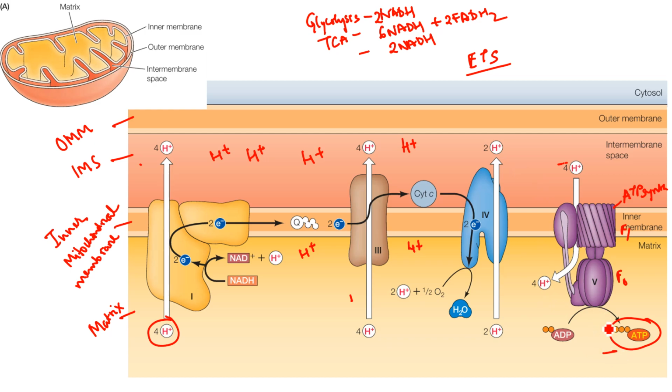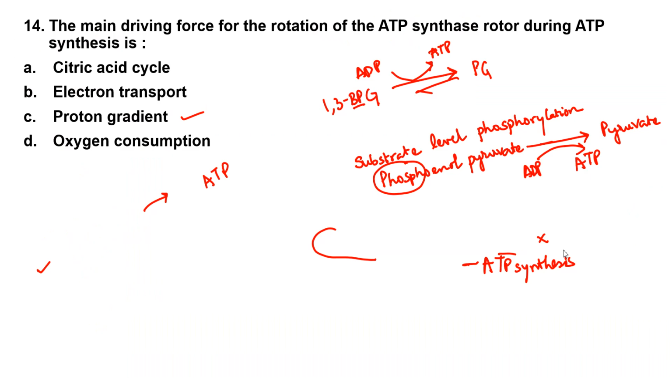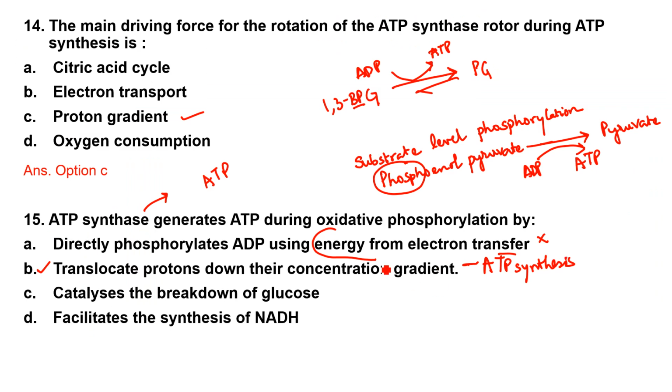ATP is generated when this proton gradient is broken and the free energy that is released is used for ATP generation. So the statement about using energy from electron transfer is wrong.